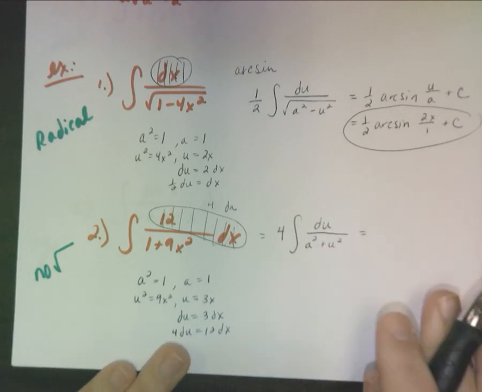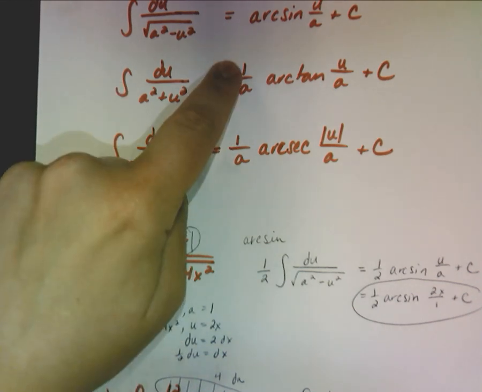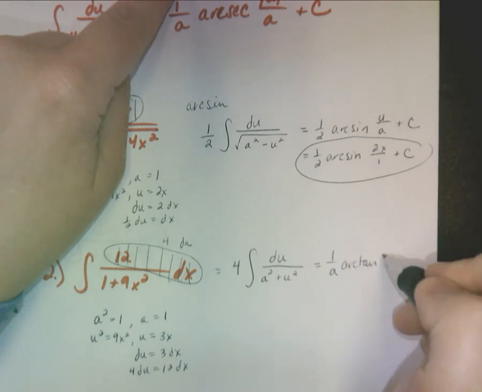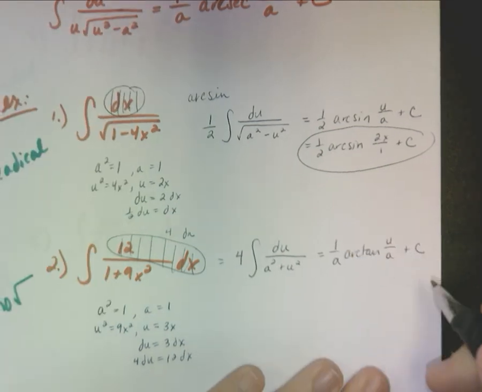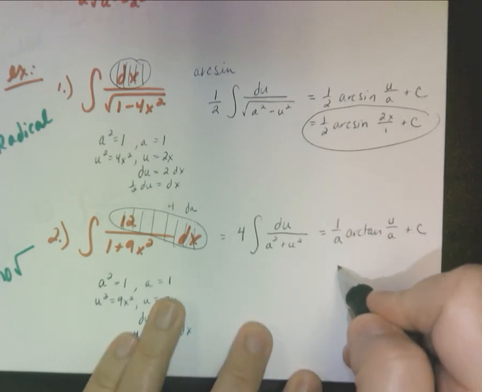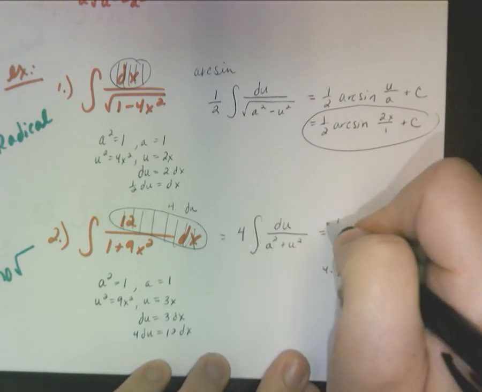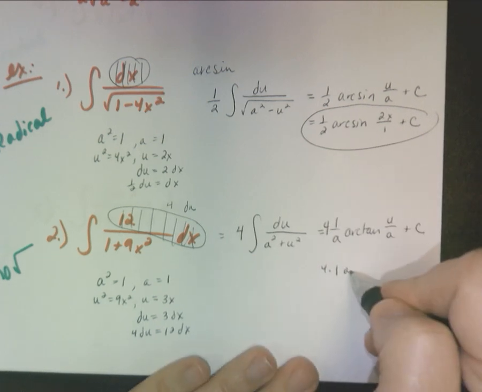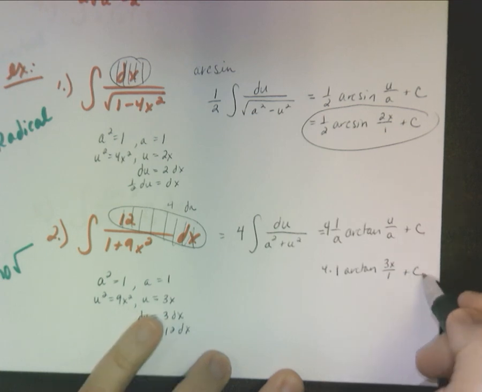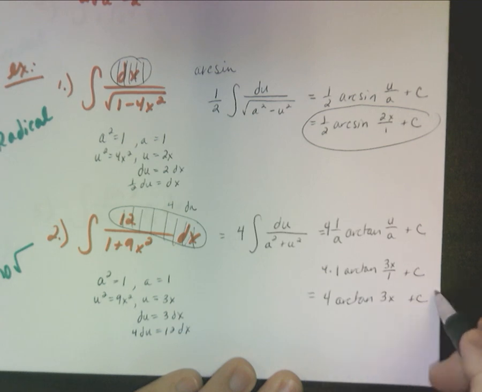And once it looks like this, once the 4 is pulled out, I would write it as 1 over a arctan u over a plus c. So now I look back at all that I wrote over here. So 1 over 1, which is 1. What? I forgot to account for the 4, so multiply by the 4. Let me bring that in front. Arctan, my u is 3x, my a is 1 plus c, or 4 arctan 3x plus c.